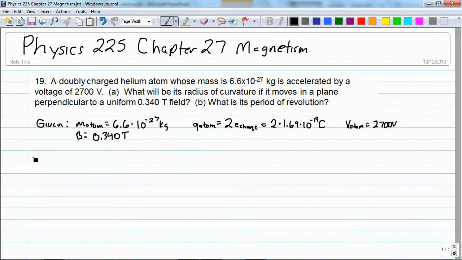So for part A, we'll look at this in terms of energy. Energy initial is going to be equal to energy final. The initial energy is the energy that is given to the atom, so that's going to be Q atom times the potential.